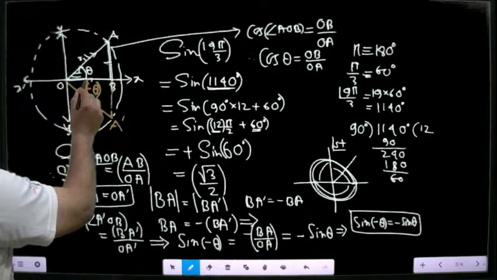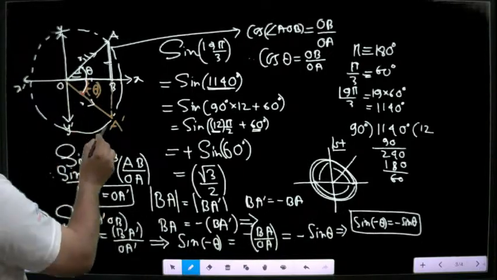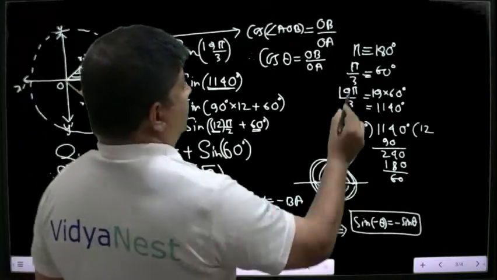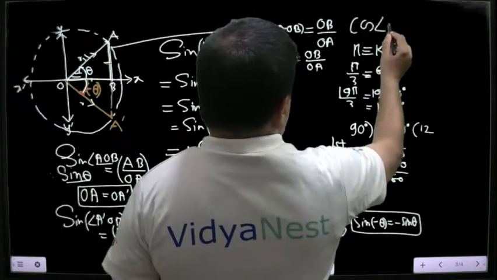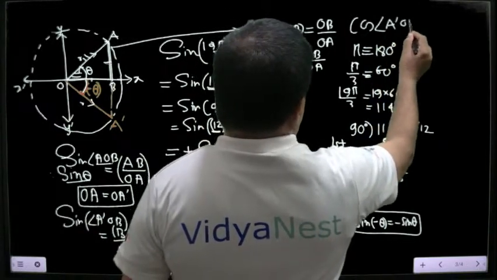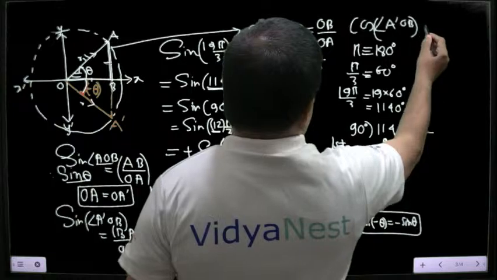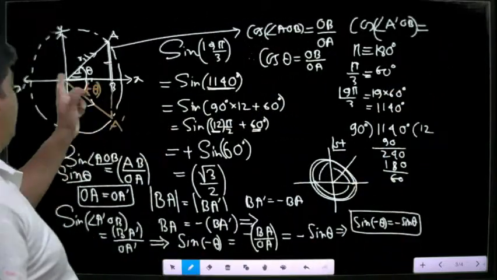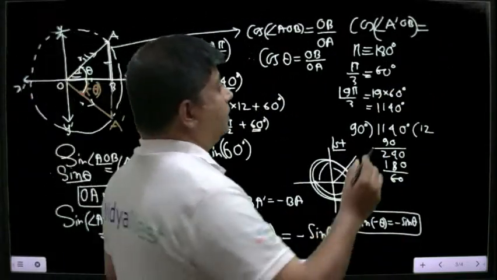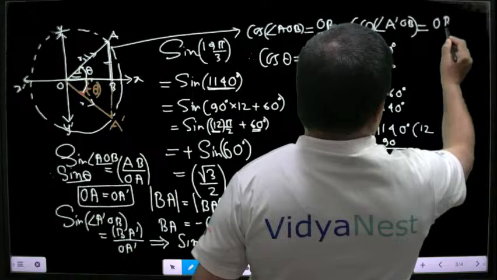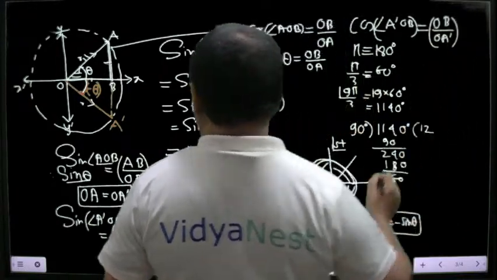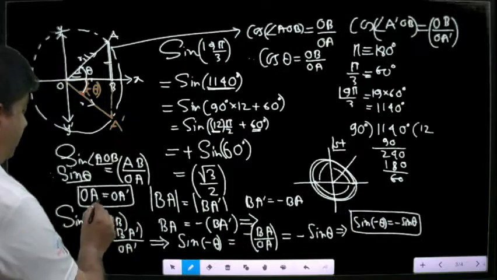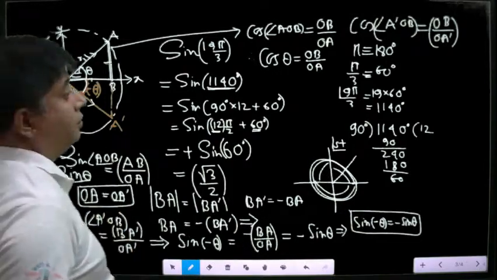Now cos minus theta, cos A dash OB, is OB by OA dash. What is OA? OA is equal to OA dash.